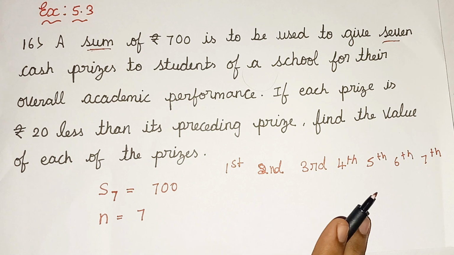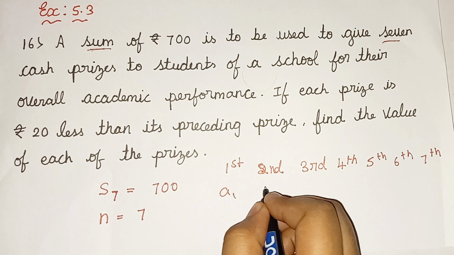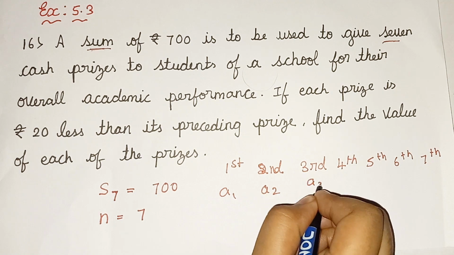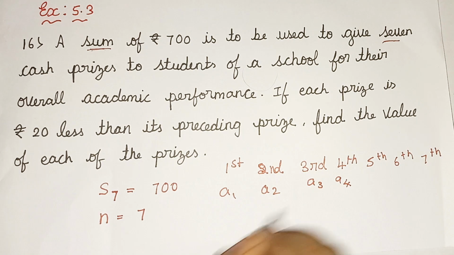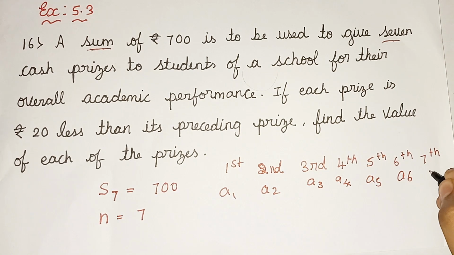So the total sum is rupees 700. Now we can take this as A1, A2, A3, A4, A5, A6, A7. So we can actually take it like this.